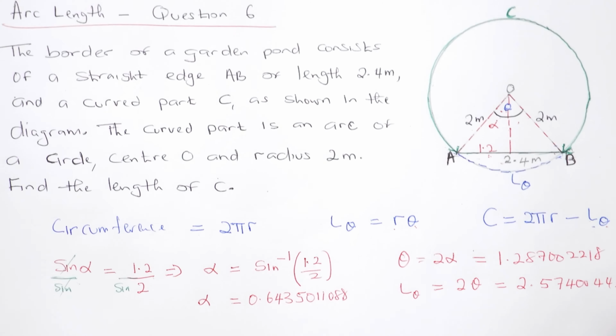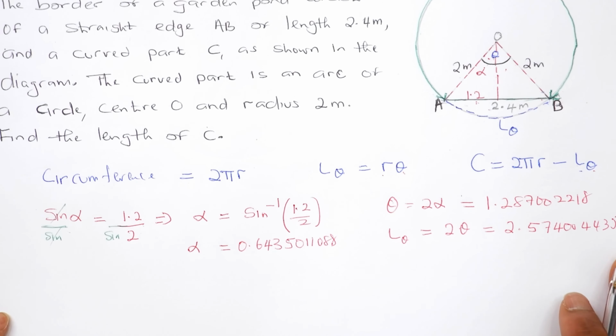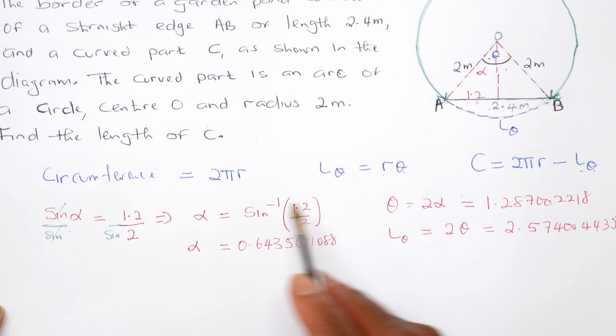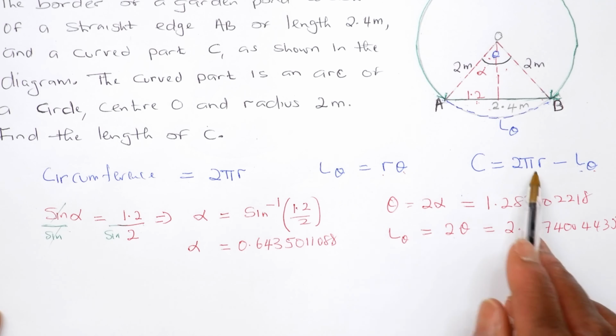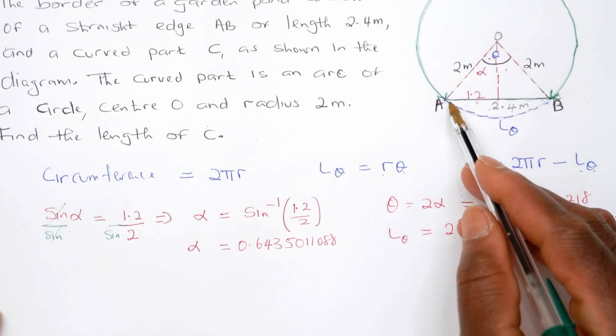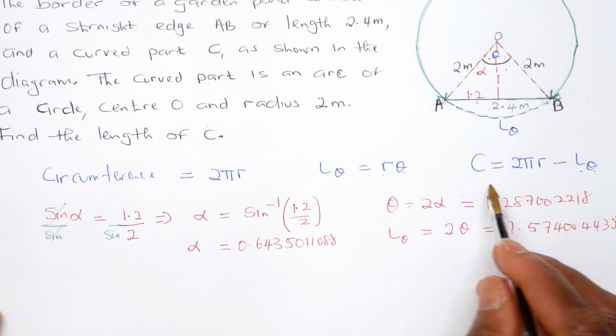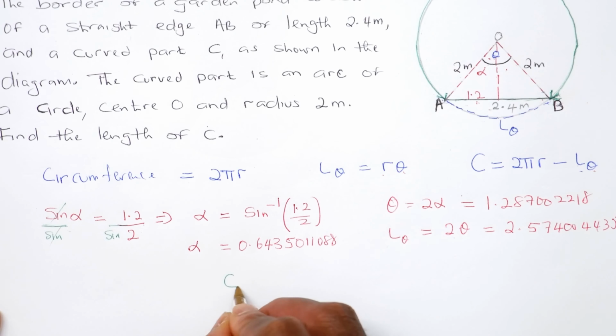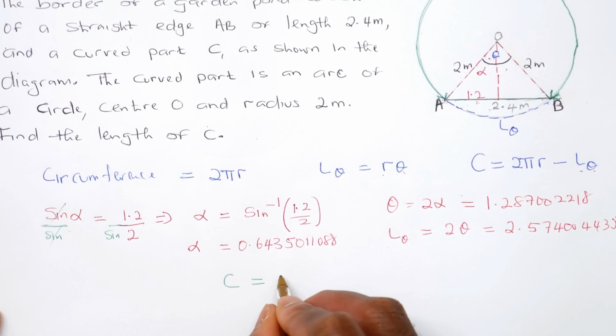So what I now need to do is find the green part here, using that formula. C will be equal to 2 pi r.